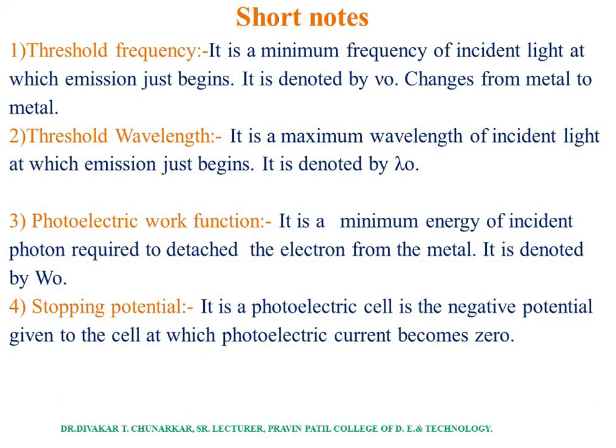The electrons jump into the conduction band, and hence the conductivity of the LDR material increases, or the resistivity of the material decreases. Therefore, the electrical resistance of the LDR decreases with an increase in the intensity of incident light, and this is the principle of LDR.